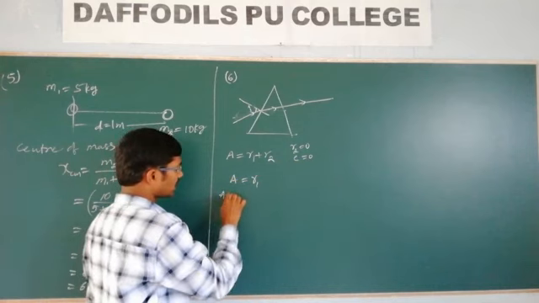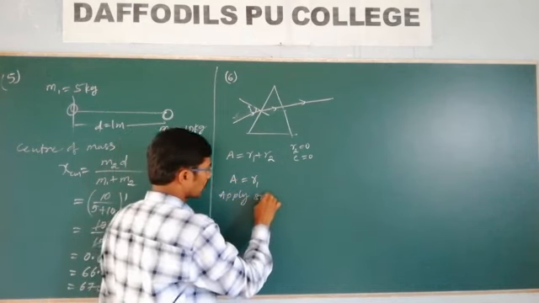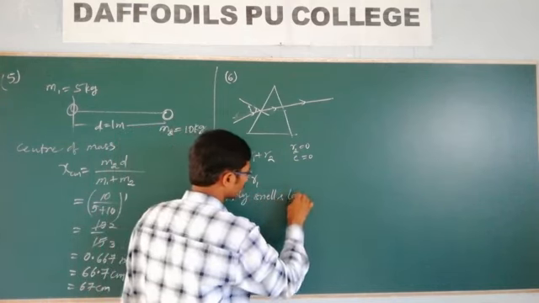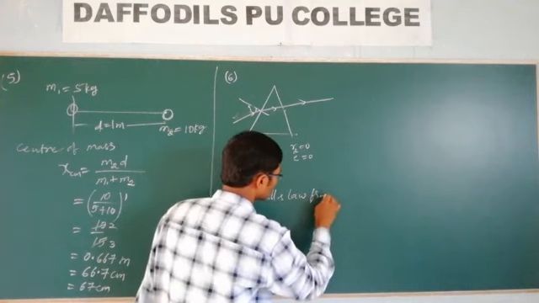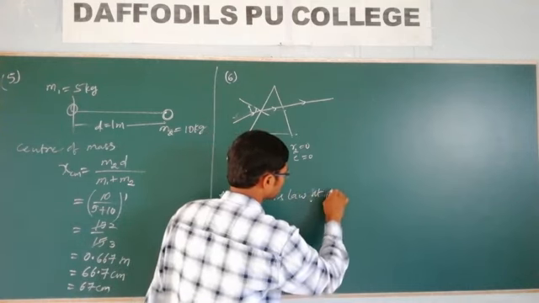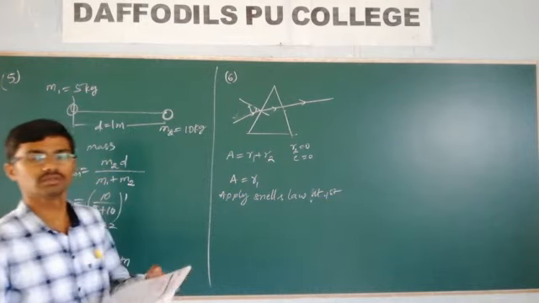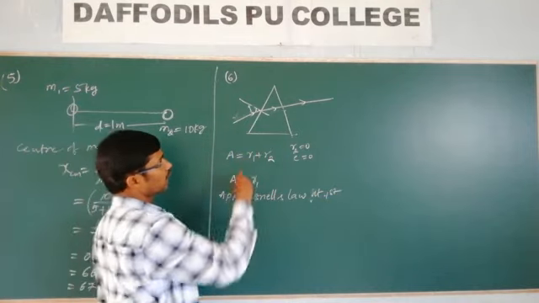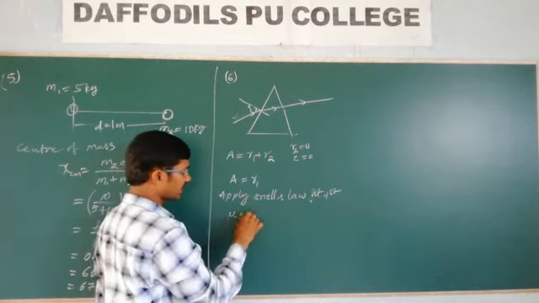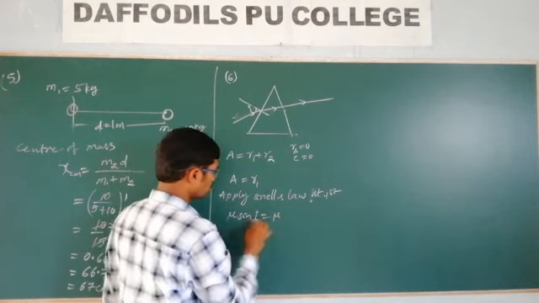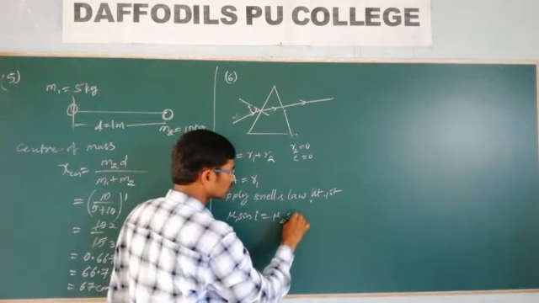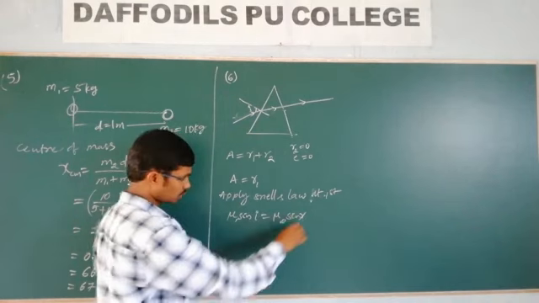Now apply Snell's law at the first surface. Outside we have air, then mu1 sin I is equal to mu2 sin R1.